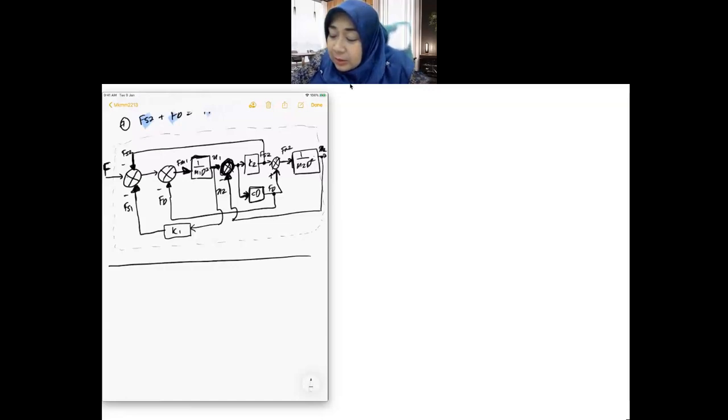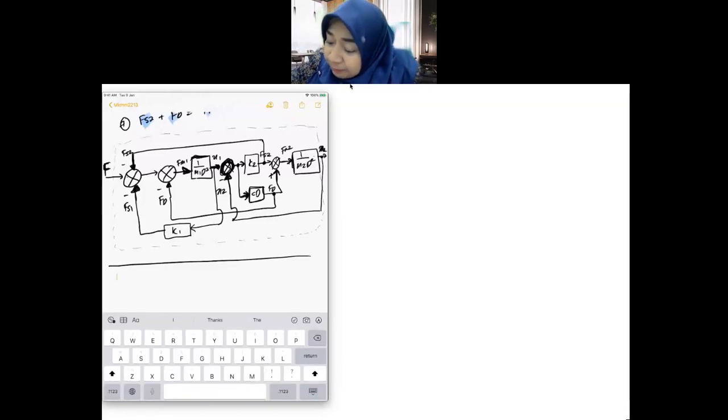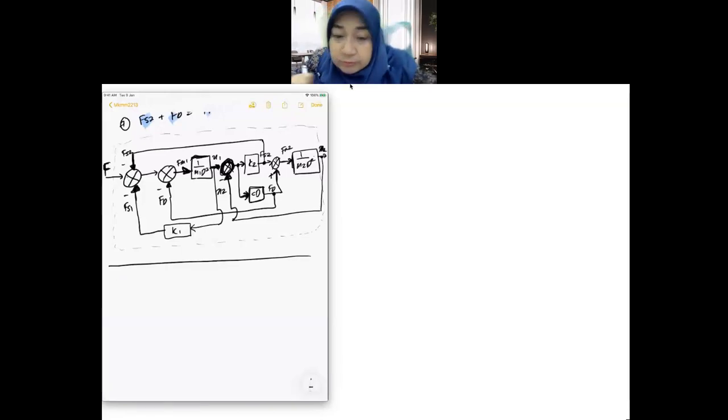When you do block diagram manipulation, you're going to get the overall transfer function of that whole plant. This is the plant of your suspension system, but you can represent it as one block with all the mathematics, all the equations inside that plant. Maybe we can do it later on, not today, because it will take a lot of time.